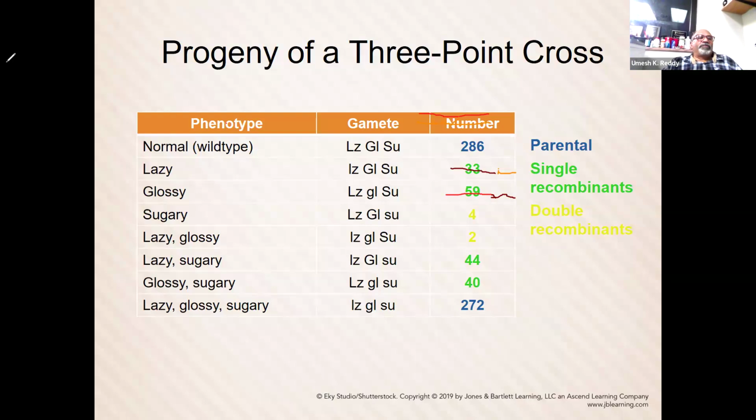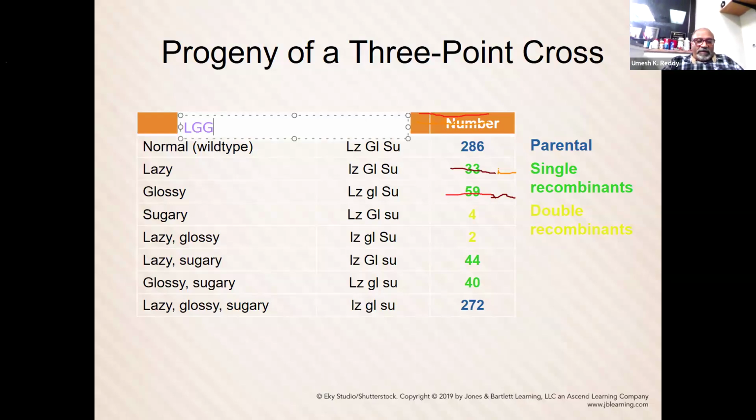Okay, so if there is a lazy, glassy, and sugary chromatid that has undergone recombination with lazy, glassy, and sugary, the recombination is at this point, the sugary went up and the glassy came down.